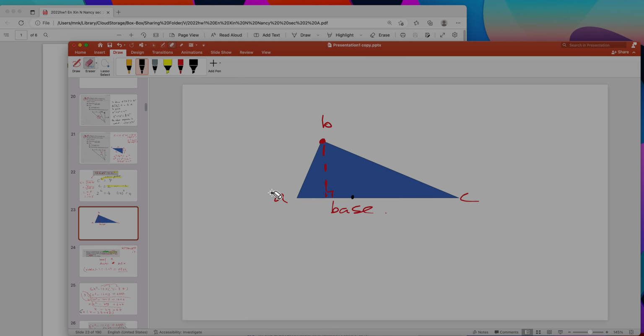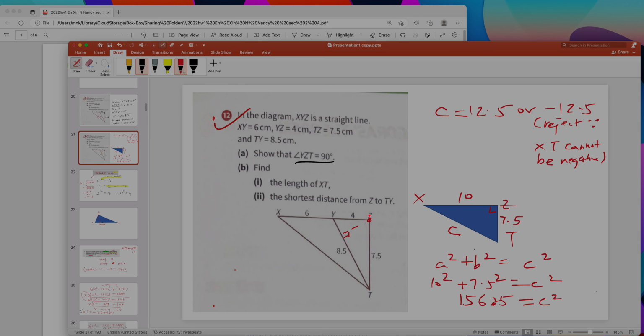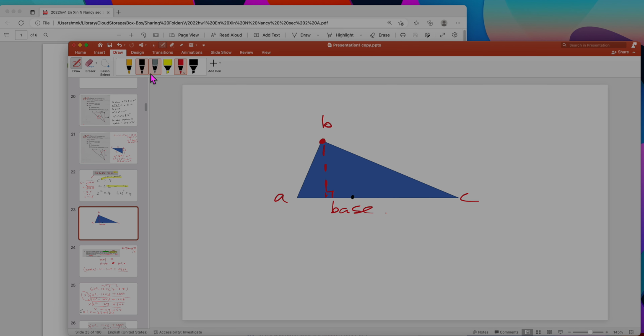Okay? So what have you been given? You have been given AB is 4, 7.5, 8.5. So you have been given this information. So how do you find the height? The height given AC is the base.